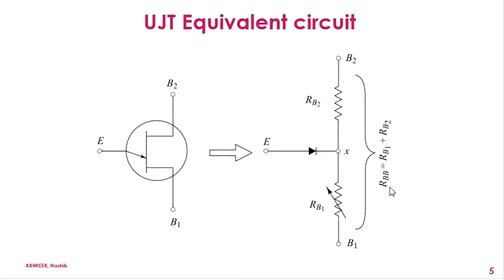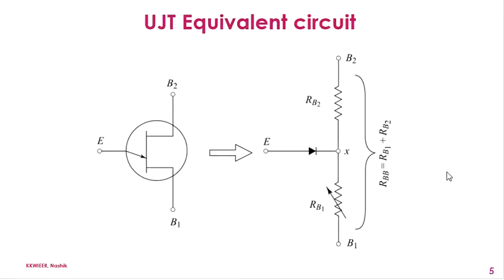The value of this equivalent RBB resistance is a combination of RB1 plus RB2. It can easily be measured with the ohm meter with the emitter open. Since the emitter is closer to B2, that is base 2, the resistance RB1 has a greater value than RB2.